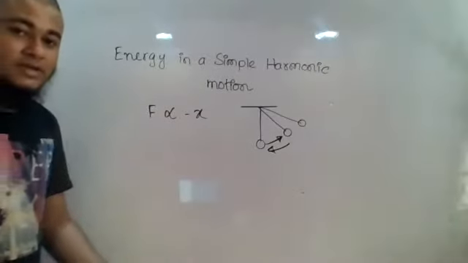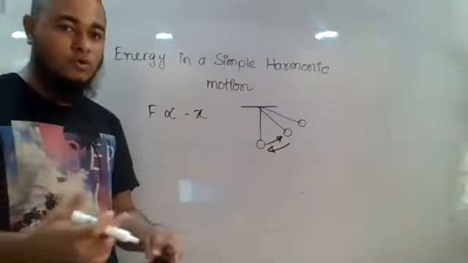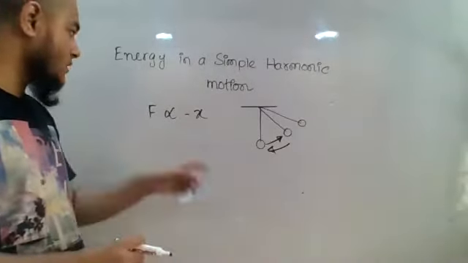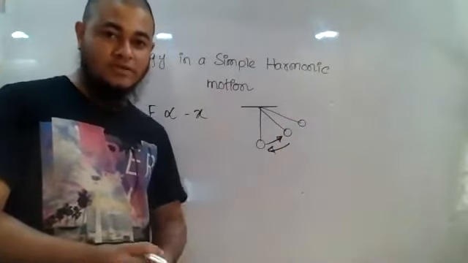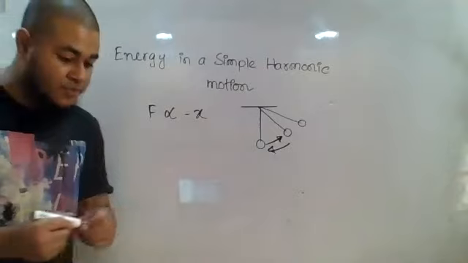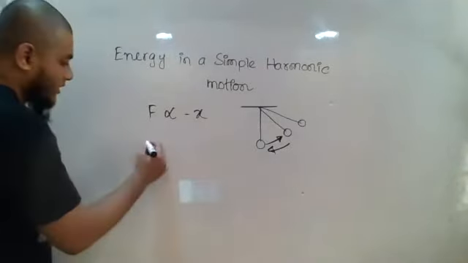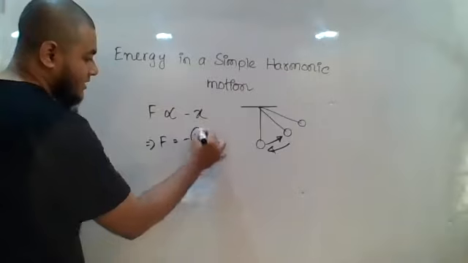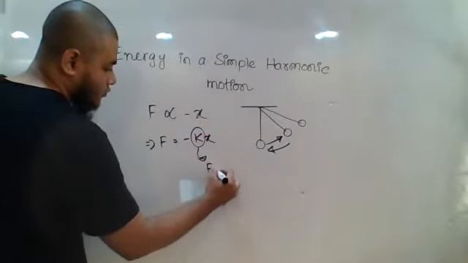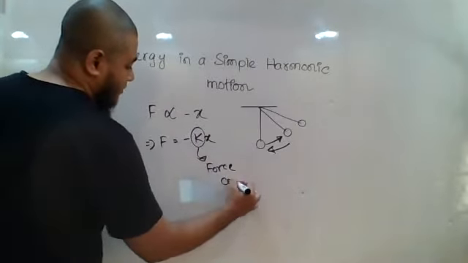Now why is this negative? Because the direction is opposite, or we can say that the force is in this direction, but we are causing the displacement in the opposite direction. So that is why they are opposite. Okay, so from here, what can we write? The force applied will be equal to minus kx, and here this k is known as the force constant.